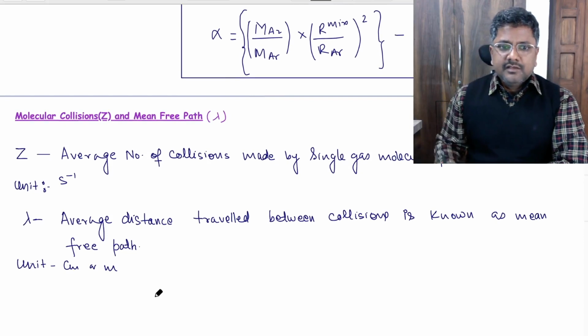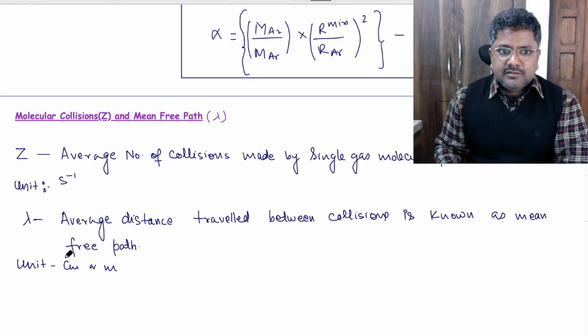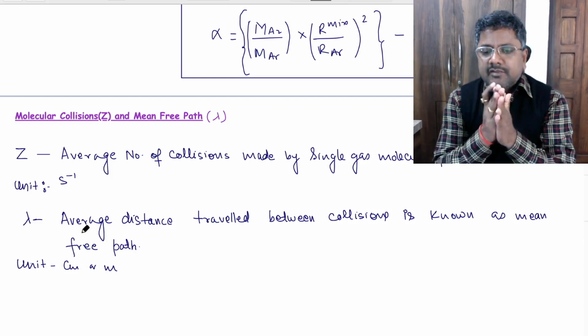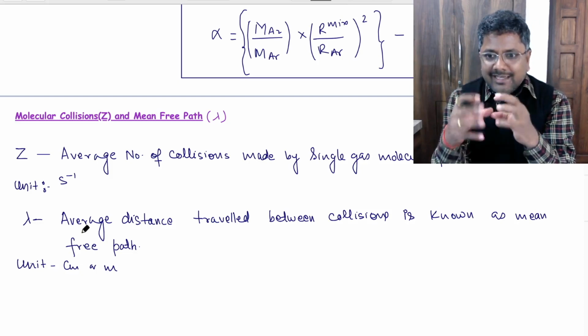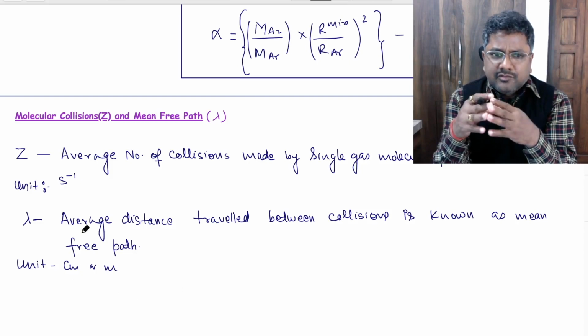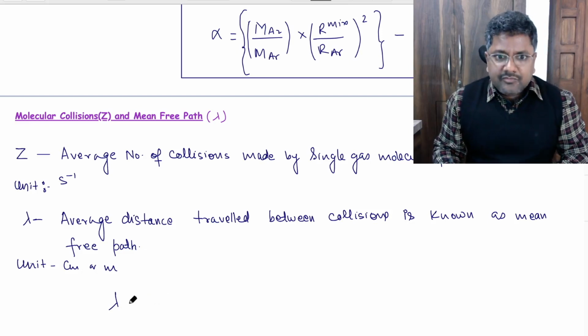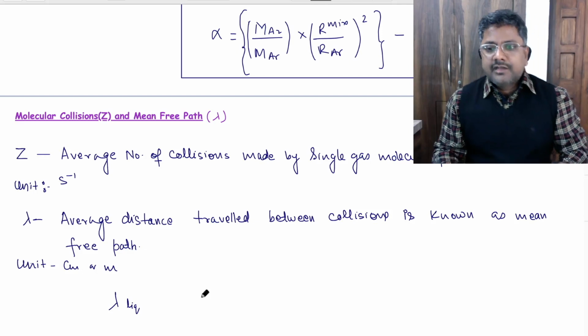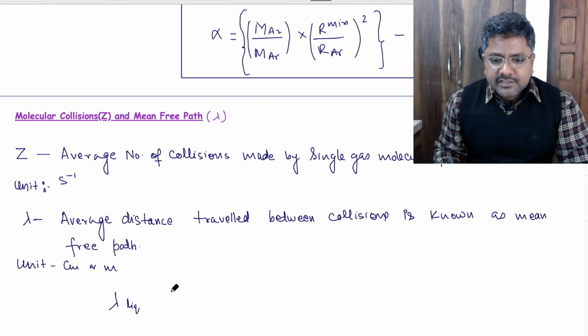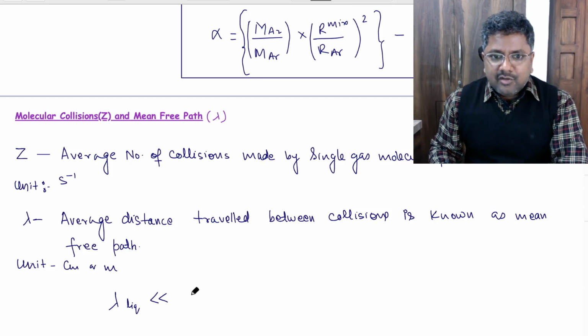Now see, there is a relation between this lambda and the diameter of the gas molecule or any molecule. So for liquids, lambda for a liquid molecule, or matter in the liquid state, is much smaller than the diameter of the molecule.